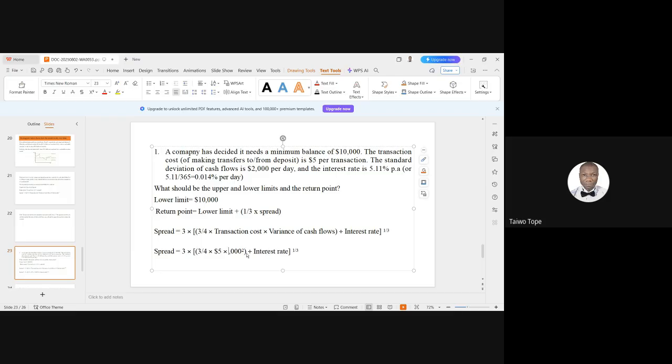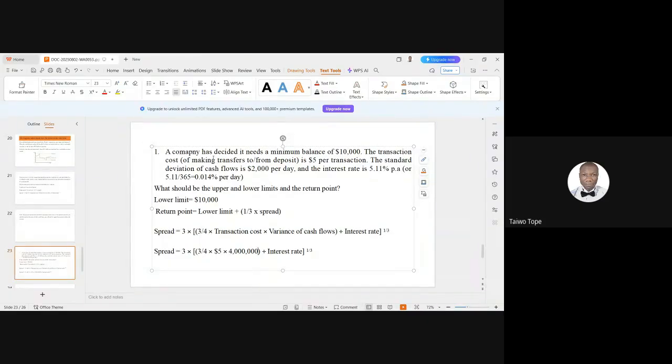That is the English here. You are given standard deviation, and the formula is variance of cash flow. Why are we squaring the standard deviation to get the variance? In the question, they didn't give you variance.